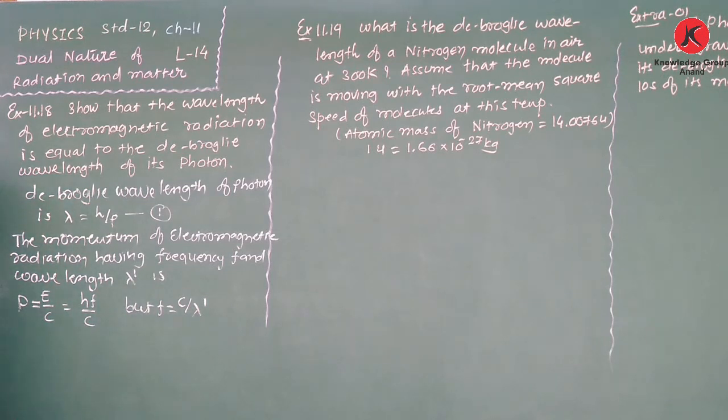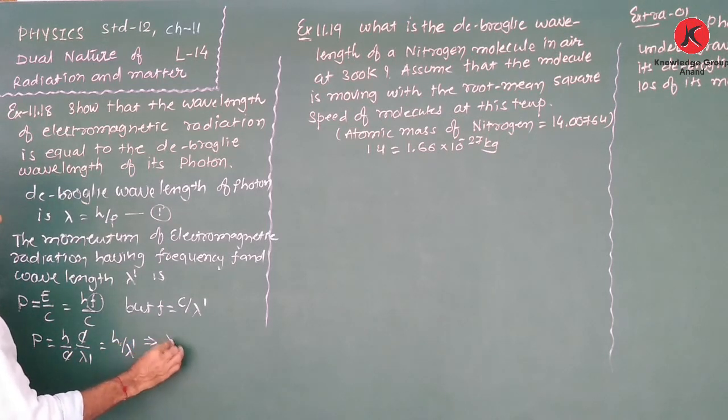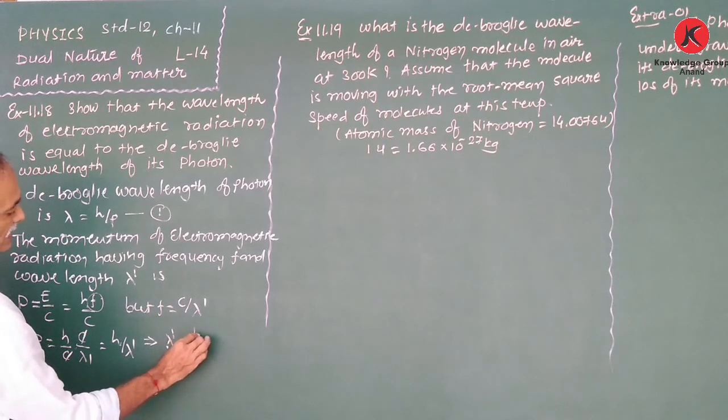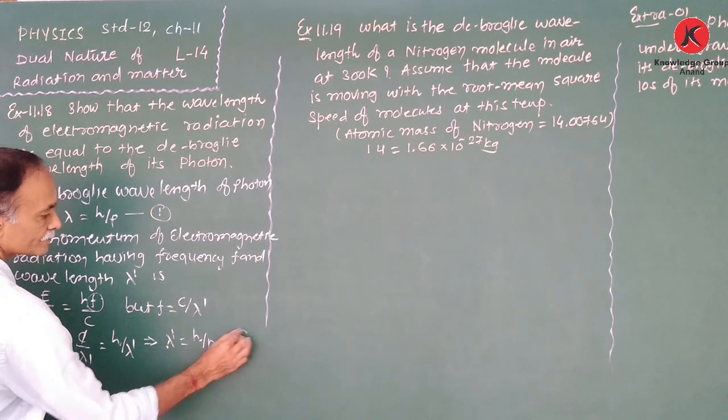Instead of f, we substitute this value, C upon lambda dash. So C is cancelled. Therefore, the momentum of electromagnetic radiation is h upon lambda dash, therefore the wavelength of electromagnetic radiation is also h upon P. Equation 2.